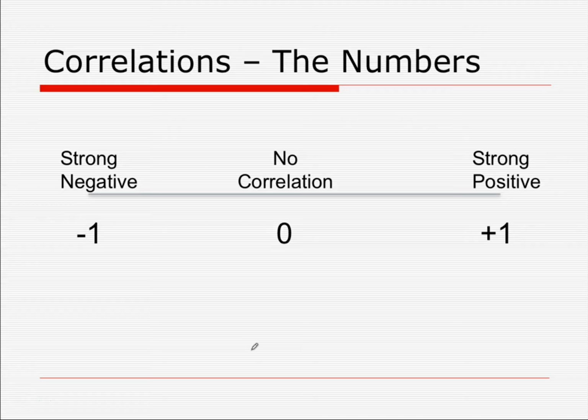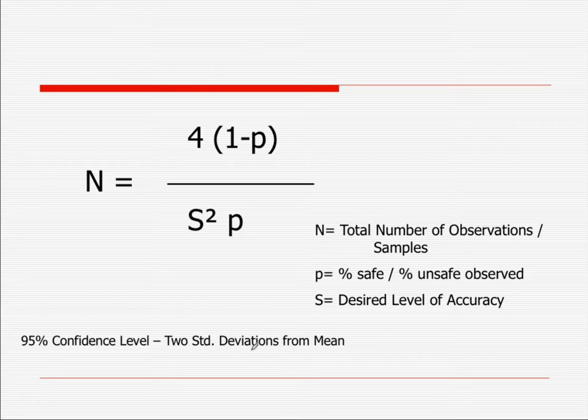And then when it's closer to 0, maybe it's -0.2 or +0.2, we know there's no correlation or a very weak correlation. Maybe it's -0.5 or +0.5. We know we have either a weak positive or a weak negative. So this is the scale when we calculate correlation that we're working on, -1 to +1. And like I said, utilize Microsoft Excel, utilize a calculator to come up with those calculations.